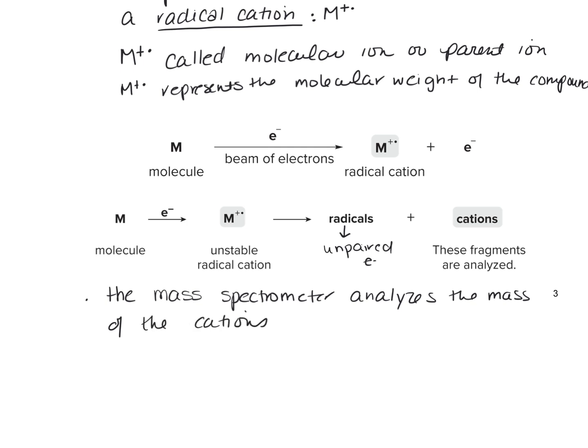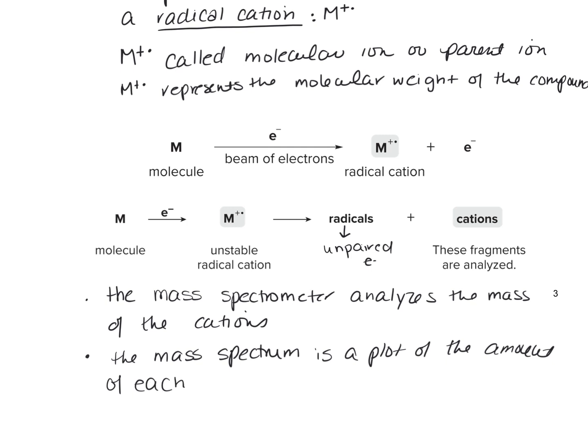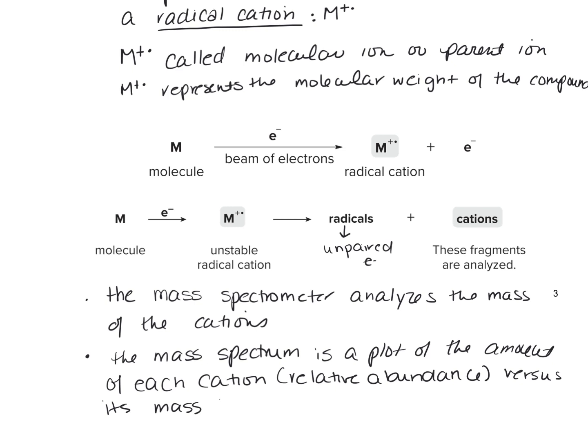What you're going to see here is that the mass spectrum is a plot of the amount of each cation, which is its relative abundance, versus its mass to charge, which is m/z, where m is mass and z is charge.